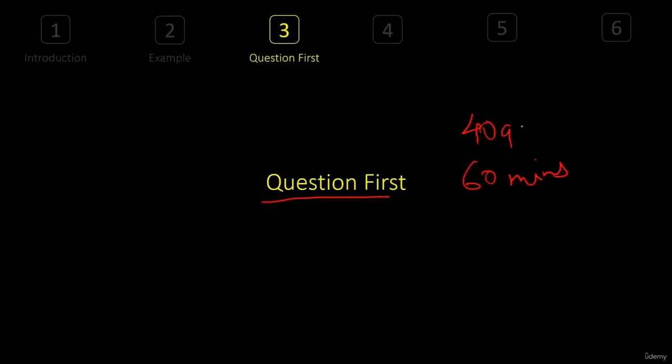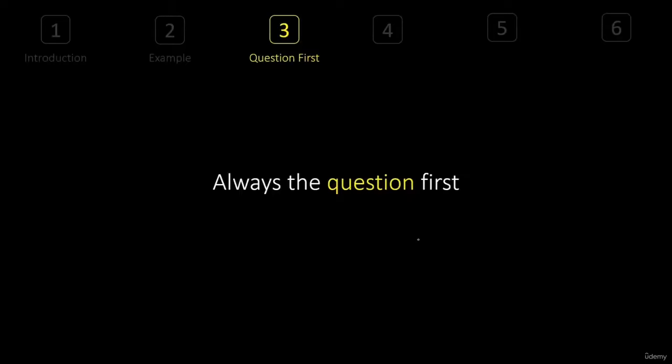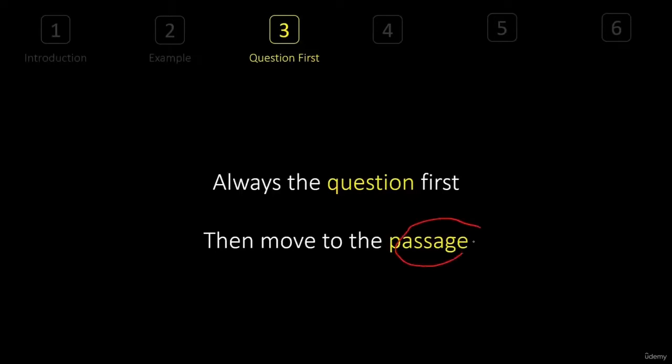If you are wasting a lot of time, you might not get enough time to do the last section or any number of questions. At least 7 to 8 you'll miss if you keep reading the passages. It's important here. Next thing is always, as I said, read the question first and then comes the passage.